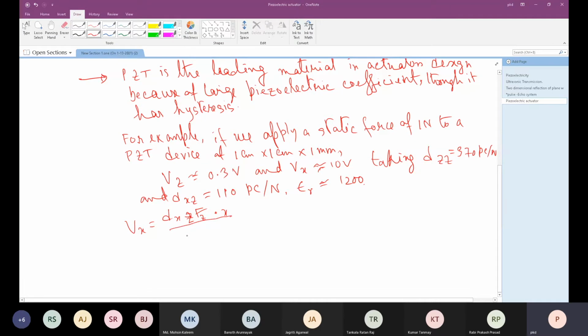and epsilon 0 epsilon r by Ax, and Vz would be coming from d_zz into Fz into z. z is the displacement, x is the displacement, epsilon 0 epsilon r Az.